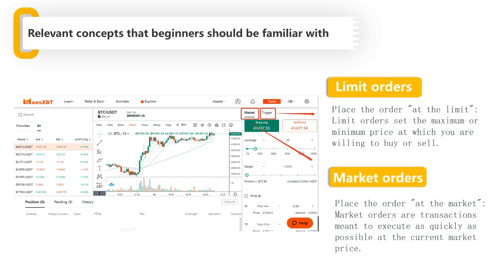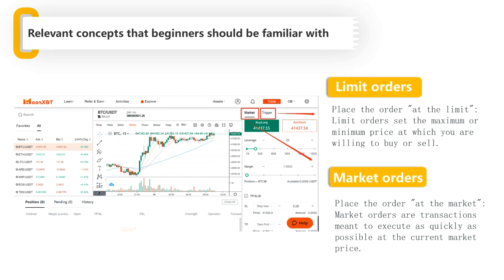Market orders are transactions meant to execute as quickly as possible at the current market price. In a word, when using limit orders, the trading price is decided by you, and when using market orders, the price is decided by the market.